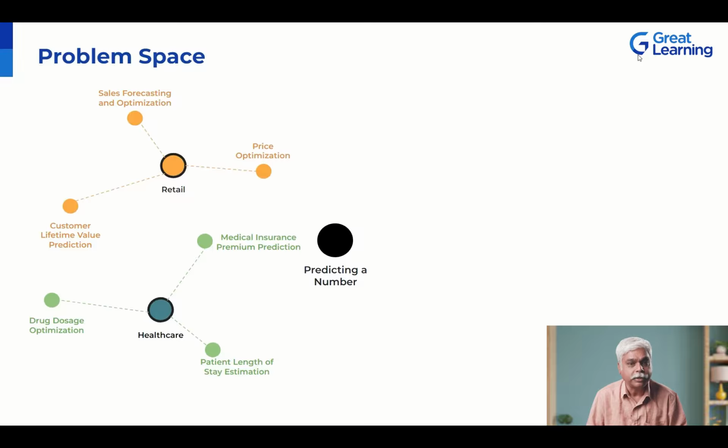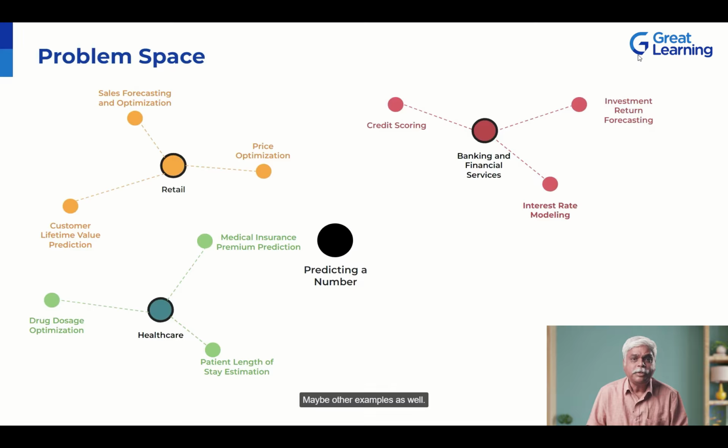predict or forecast. Maybe other examples as well in the banking space. We saw credit scoring, the need to know who is creditworthy and who is not. In a larger space, not in the retail finance context, to be able to understand investment return forecasting. In other words, how much will an investment give back?